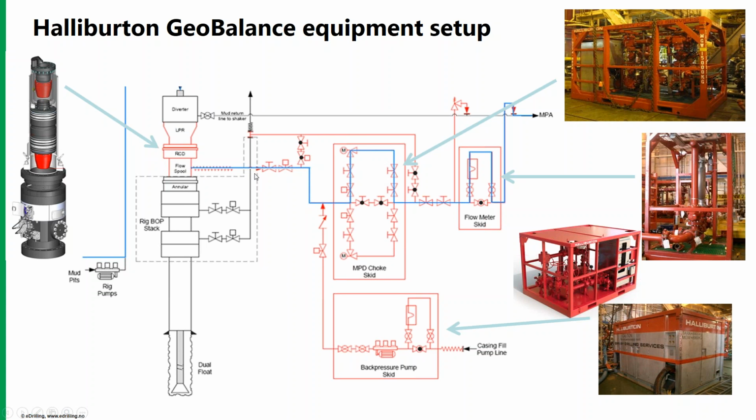You've got the RCD, there's an MPD choke, dual choke, a flow meter skid, and a back pressure pump that you use to get flow through the chokes at all times. That can also be changed out with a rig pump diverter, which then uses the flow from the standpipe instead of a back pressure pump.